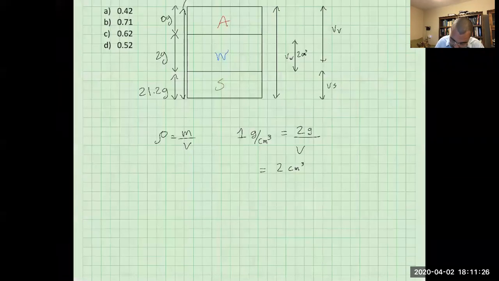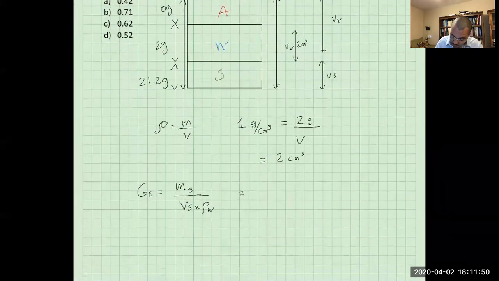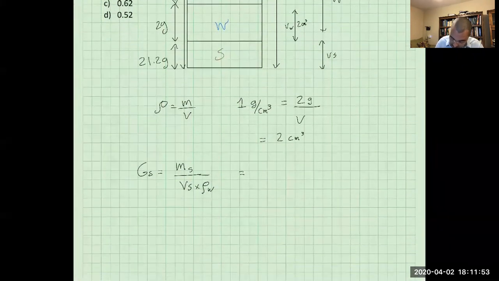So we have specific gravity is equal to the mass of solids divided by the volume of solids multiplied by the density of water, because we are dealing with mass, not with weight. And with that, we have 2.5, which is specific gravity.